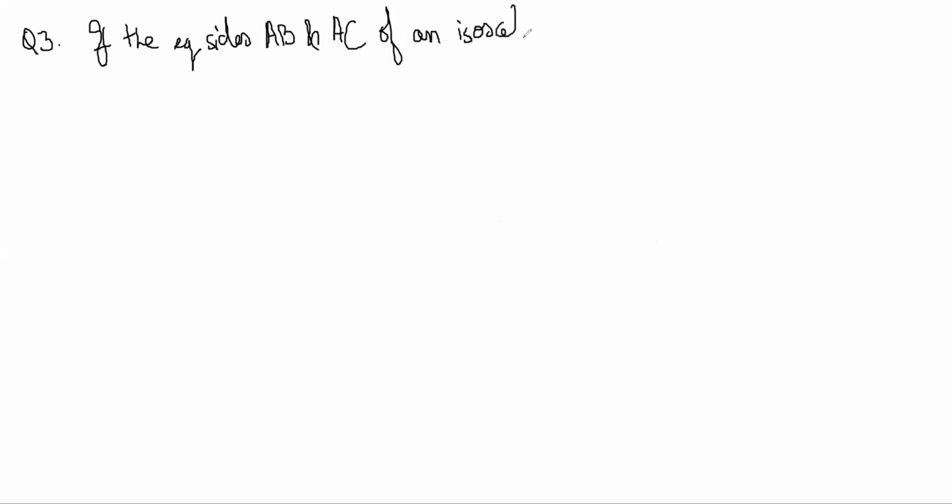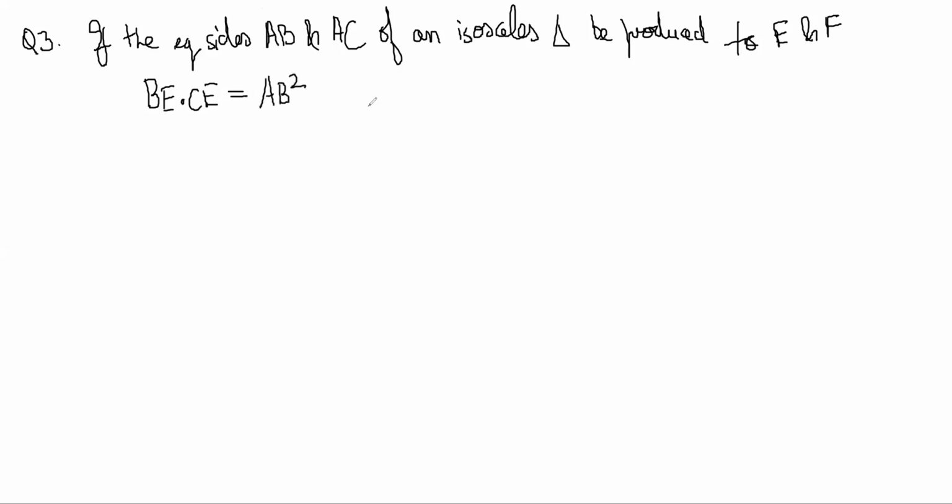If the equal sides AB and AC of an isosceles triangle be produced to E and F, so that BE into CF is equal to AB square, show that line EF must pass through a fixed point.